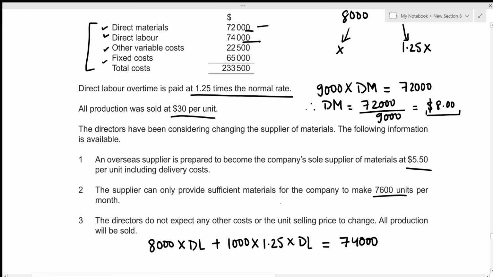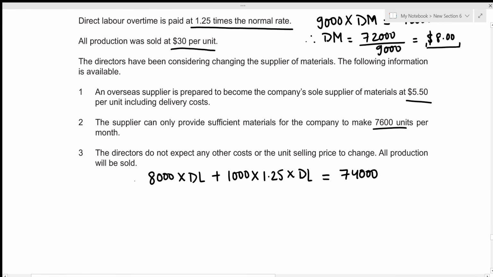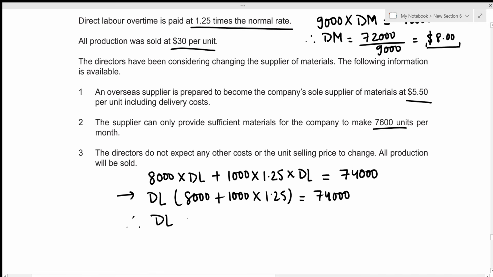Now we can easily figure out the direct labor rate. Taking the direct labor rate common, we can write it down as 8,000 plus 1,000 into 1.25. This will have the total value of 74,000. So the direct labor per unit is 74,000 divided by 8,000 plus 1,000 into 1.25. This gives us the direct labor rate to be $8.